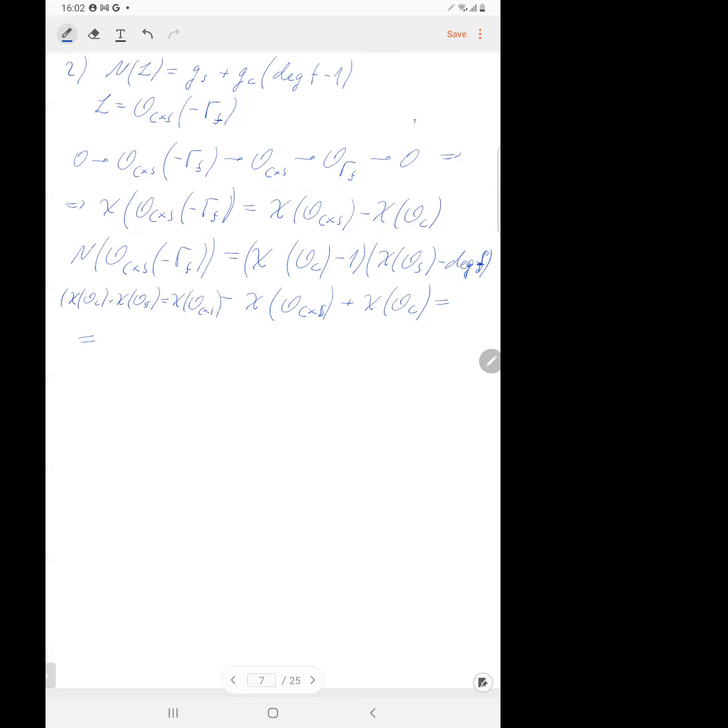Yes. Just by definition, because the defect is the product of Euler characteristics.